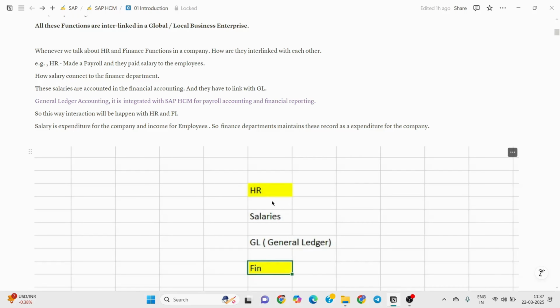Basically, HR runs payroll and pays salary to the employees, and the finance department maintains all the financial accounting related data to manage the data of a company. So how are these two interlinked with each other?